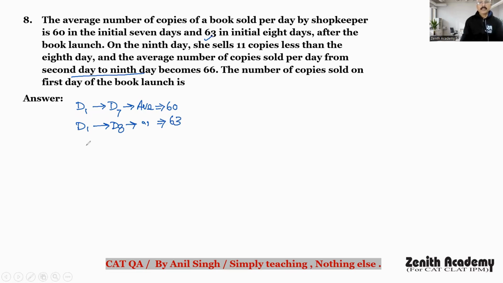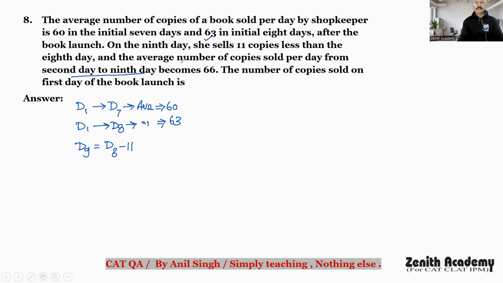On the ninth day, he sells 11 copies less than the eighth day. So the ninth day's copies sold is 11 less than the eighth day's selling. So the eighth day's copy selling minus 11 is equal to the total number of copies sold on the ninth day.